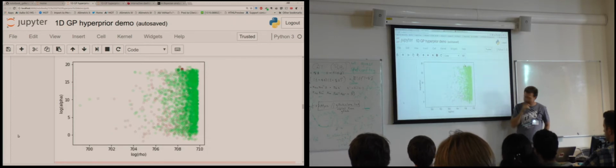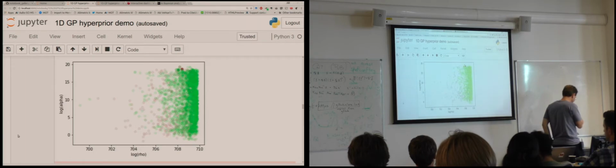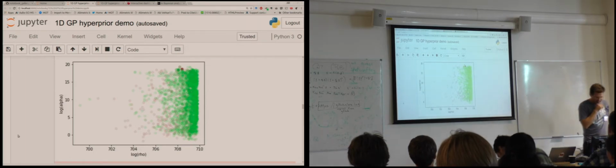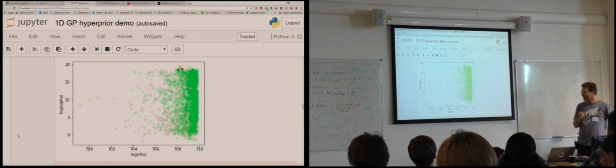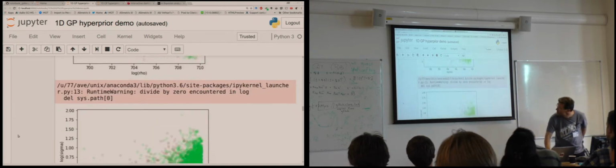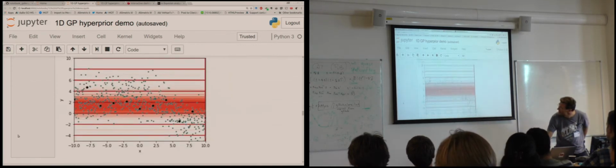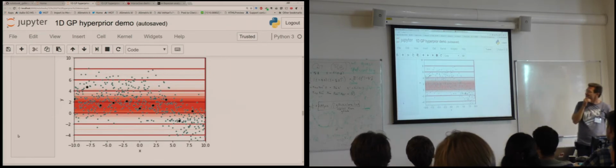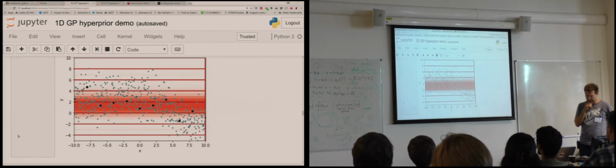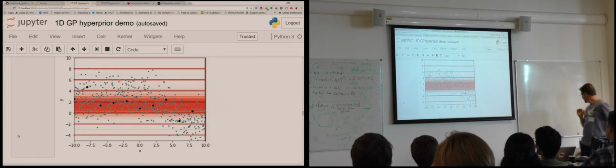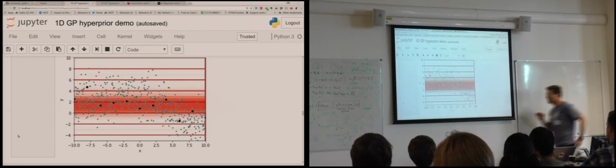And let's see what the prediction looks like. It's flat. And what happened was that when we have a flat prior on length scale, so is there a marker?